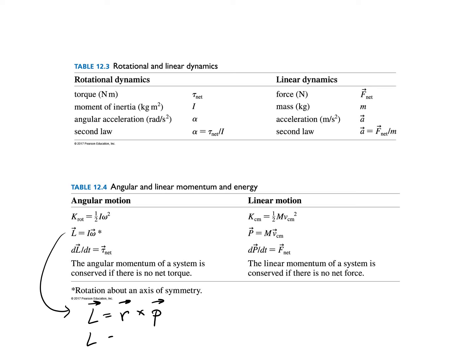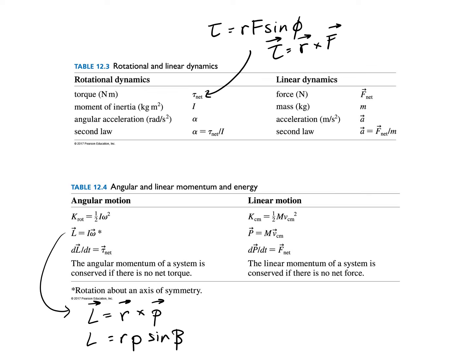We can have L is equal to r p sine beta. For tau, it's not just rF. We have sine phi when we're using our scalars. If we're not using scalars, we also can use the cross product, where again, r must be first, cross F, which must be second. Same with angular momentum. It must be r cross p.